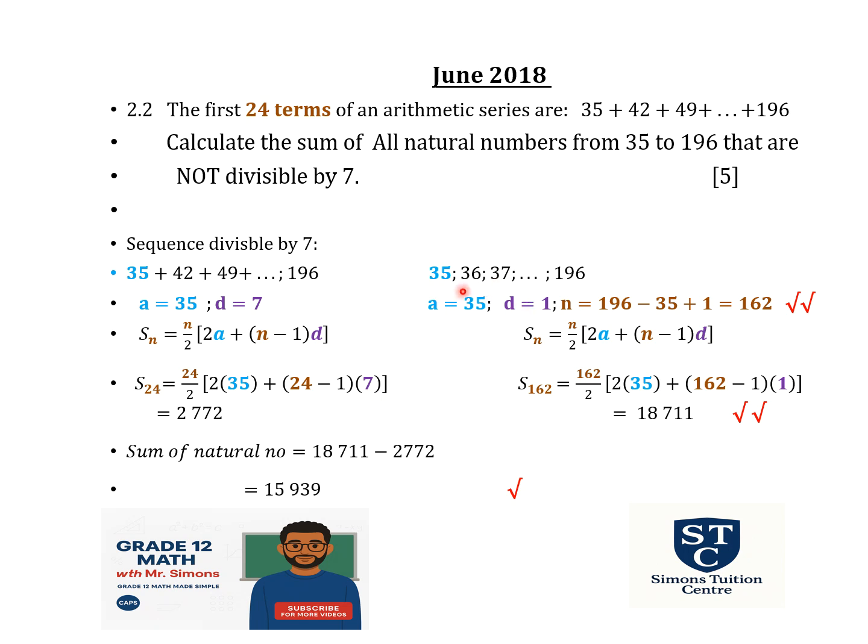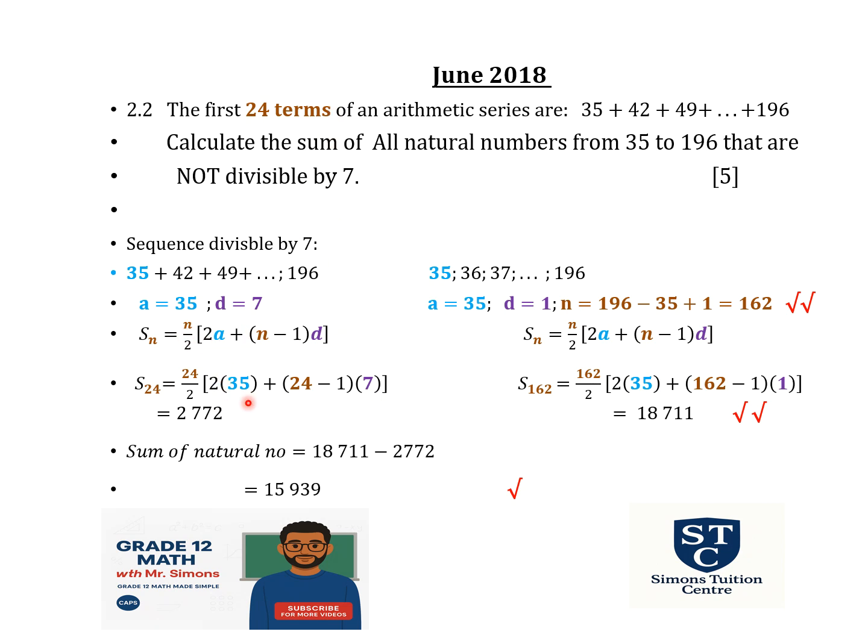And my total terms, n, would be 196 minus 35 plus 1. So when I subtract, I'm excluding 35, therefore I have to add 1, which gives me 162 terms. So here first, if we work out the sum, n over 2, 2a plus n minus 1 d, they said 24 terms.